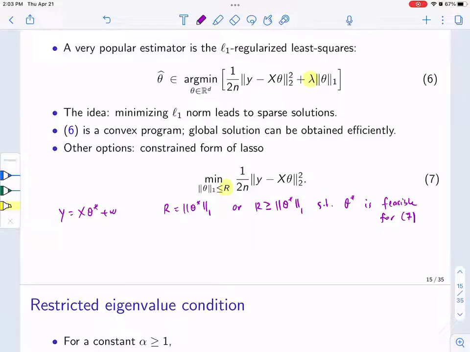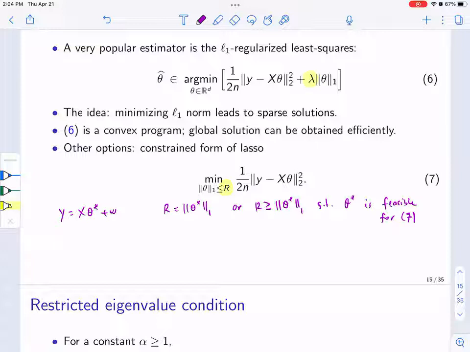You want to give yourself a chance that you actually recover theta star. This is a little bit restrictive in practice because you don't know theta star. But if you allow R to be big enough, let's say you have some prior knowledge that it has at most a certain L1 norm, then this is fine.